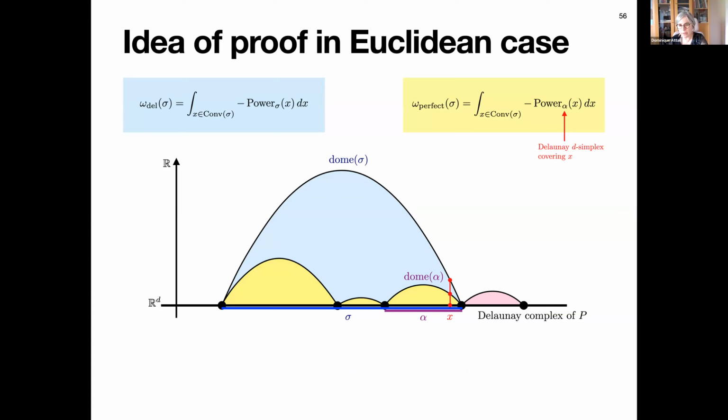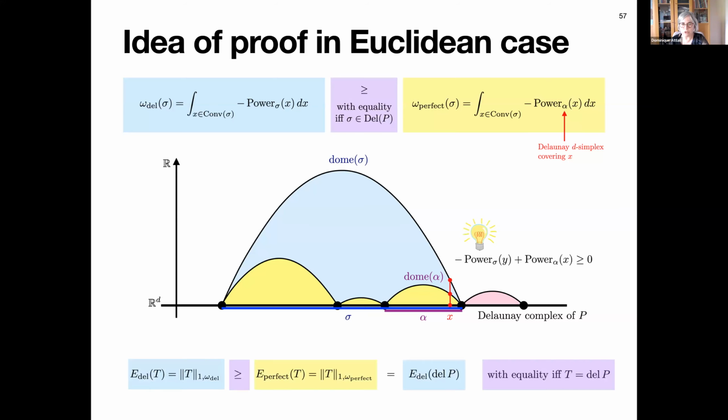To each point x in the convex hull of sigma, we look at the Delaunay simplex alpha that covers x, and we replace the height of the dome of sigma in the integral by the height of the dome of alpha. So we replace the blue region here, the Delaunay weight in blue, by the yellow region there, whose volume is the perfect weight.